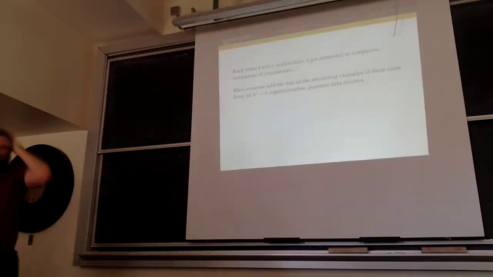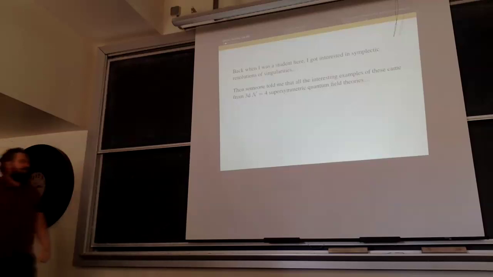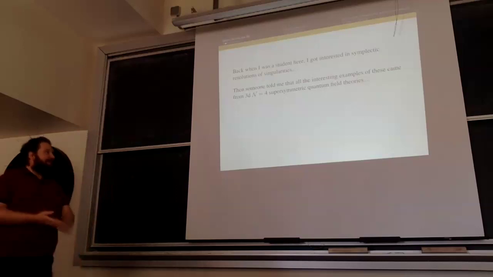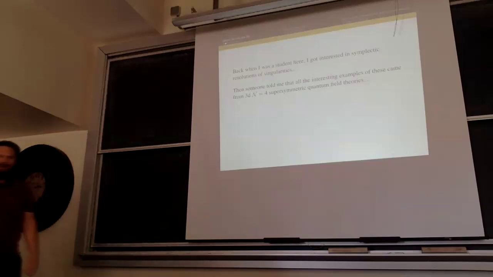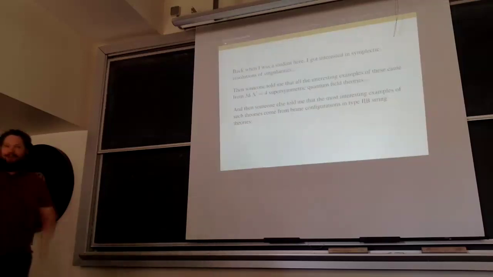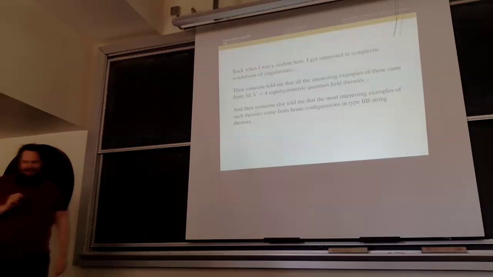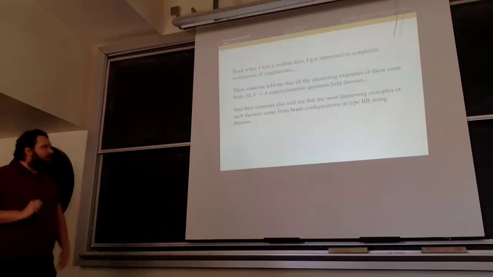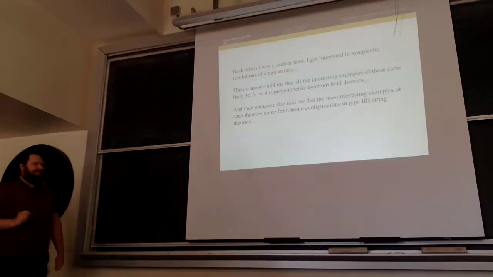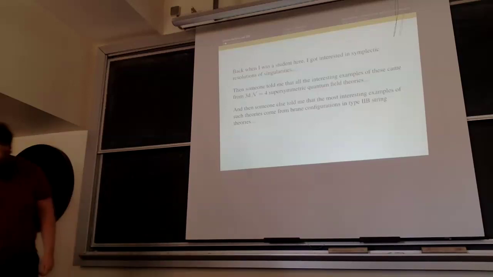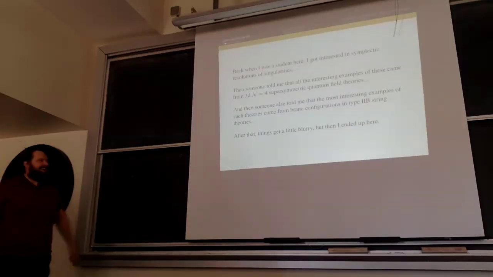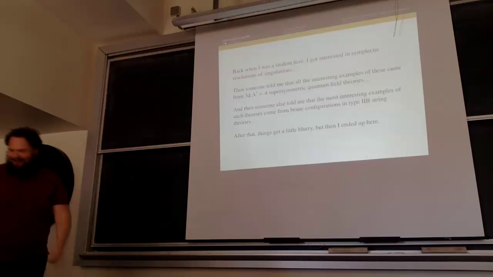And then someone told me, this was in New Jersey, not here, that all the interesting examples of these actually came from 3D N=4 supersymmetric quantum field theories. And they gave me this paper to read, which was probably written in this building, that explained that all of the interesting examples of those came from brane configurations in type 2B string theories. And then I ended up here. Who can explain it? All right.